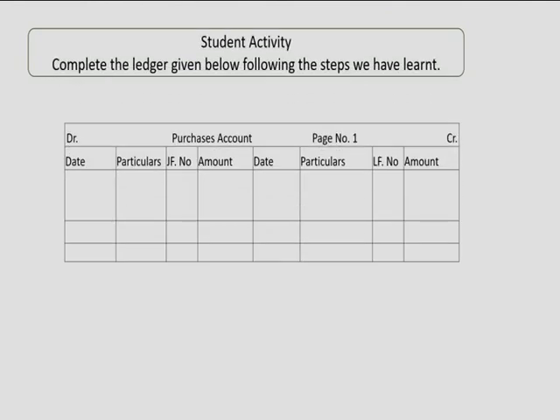So what will be your answer, where are you going to record? Your answer should be on 25th March 2020, purchases account debit to cash. That means you have purchased some vegetables on 25th March, paying Nultrum 172,000. So cash account, purchases account debit to cash.